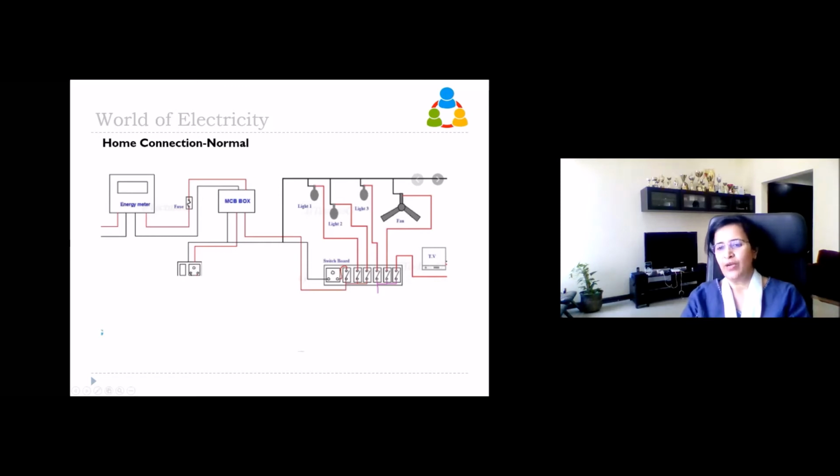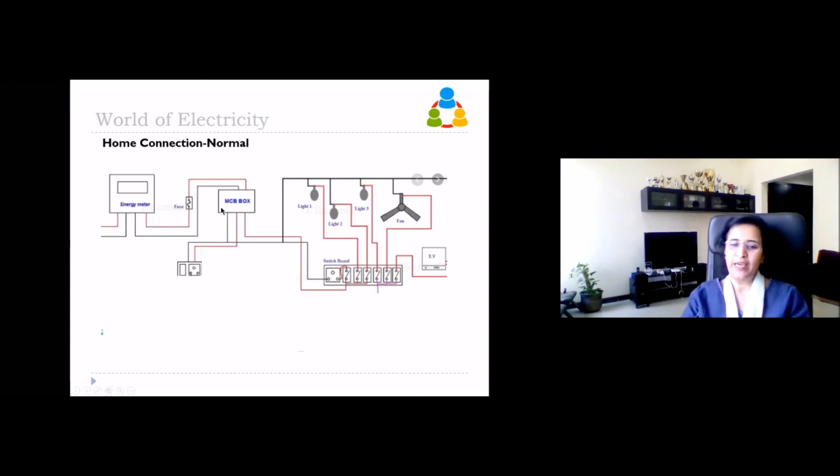It can feed all this. So what happens when the current goes off? There is no supply from this side, it is dead. There is no energy flowing, and none of the circuits work.